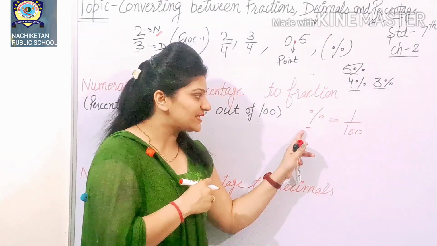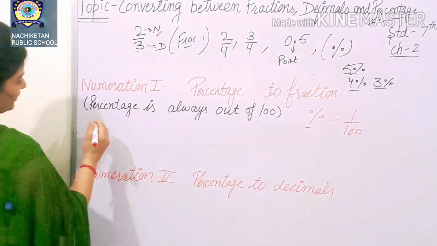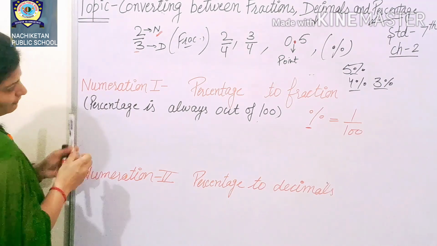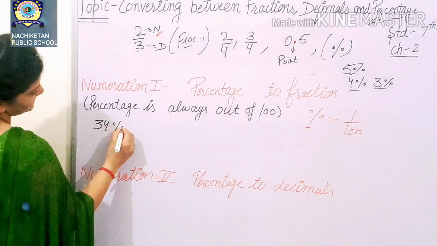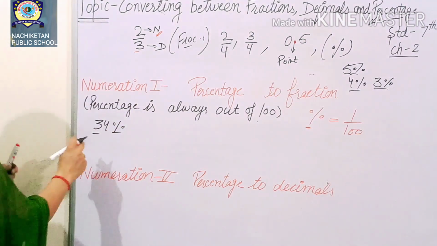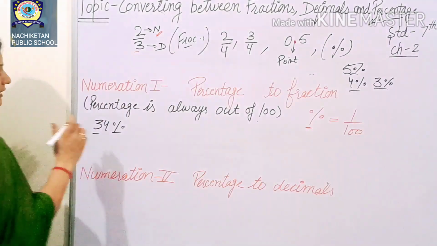Percentage is always out of 100. Clear? Okay. Now, if I have one example like 34%, and I want to change this percentage sign into a fraction.